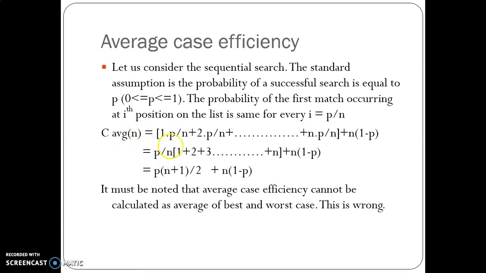The outer n will get cancelled with the inner n. So we are left with P into n plus 1 upon 2, plus n into 1 minus P. So this becomes the average case complexity in case of linear search.